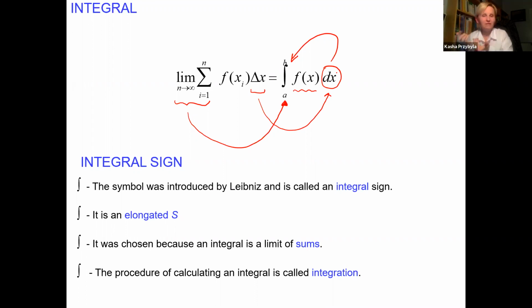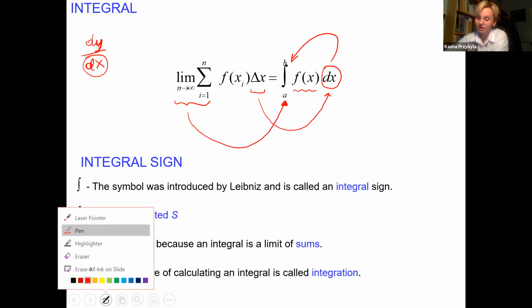Remember, derivatives were similar: dy dx was just notation for differentiating the function y with respect to x.